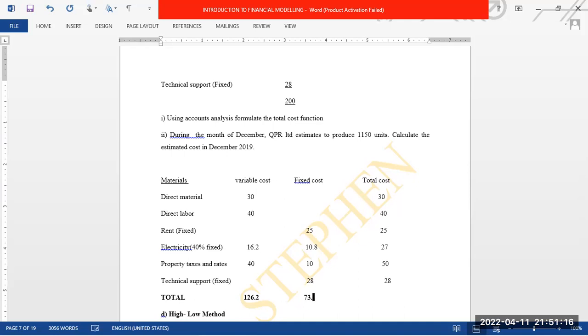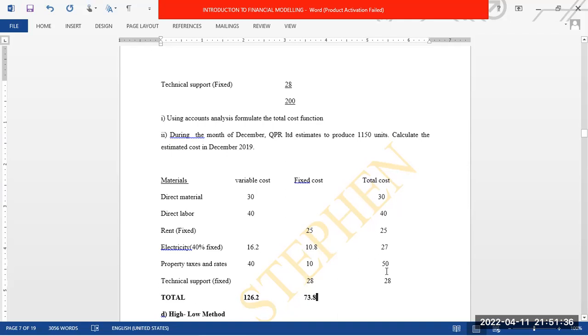And they're supposed to confirm everything we do here. So that is the total fixed cost. So we have 25 plus 10.8 plus 10 plus 28.